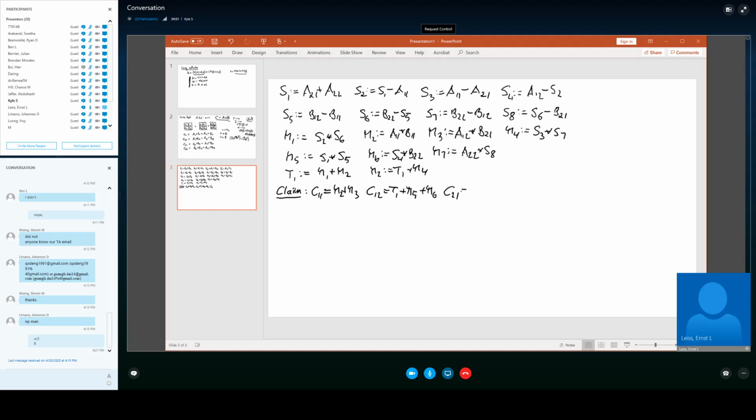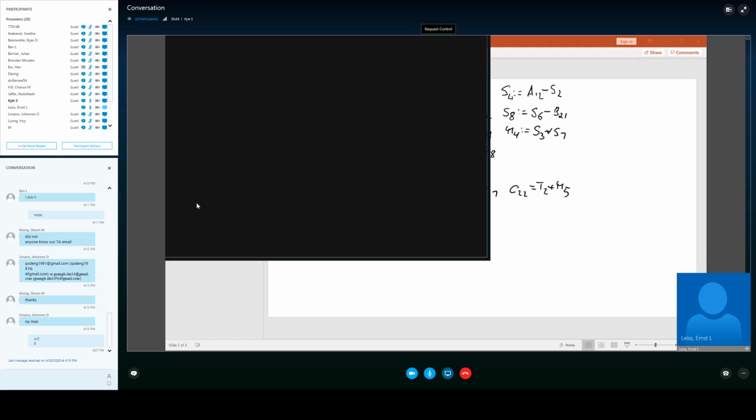C21 is T2 minus M7. And finally, C22 is T2 plus M5. Now, we still have to verify that this is indeed correct, but let's for the moment assume that this is indeed true. So what do we get?